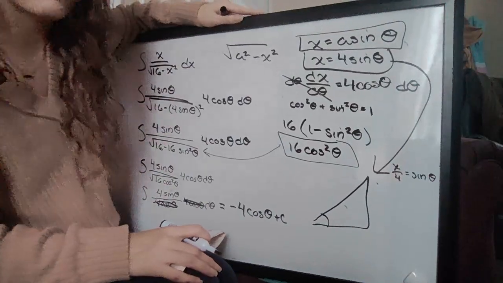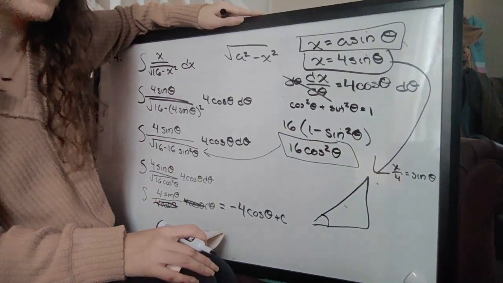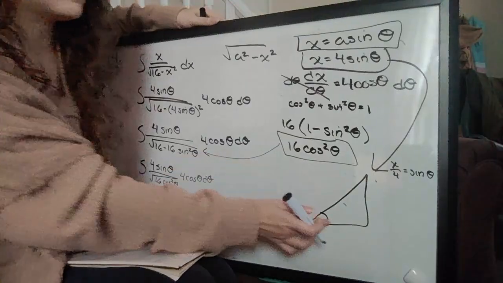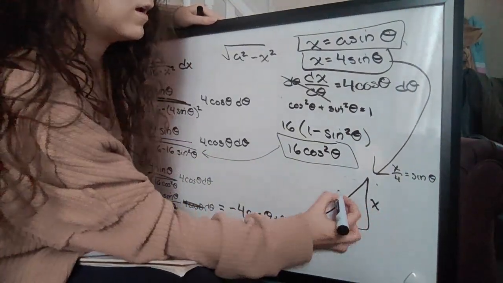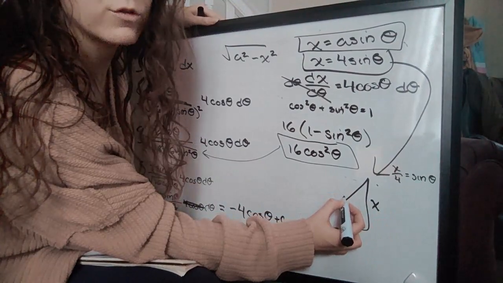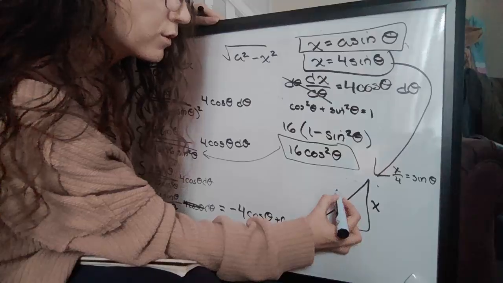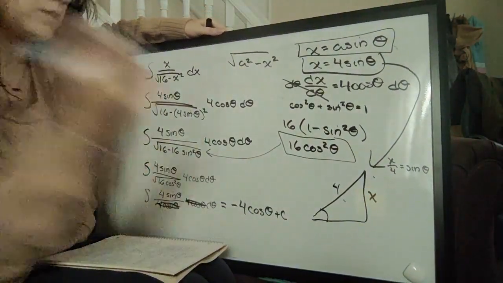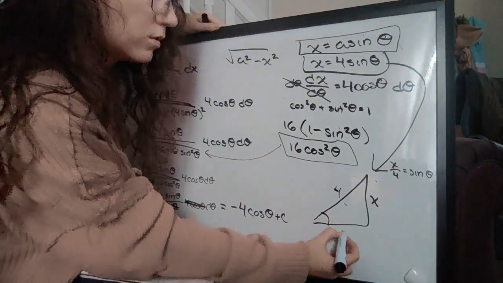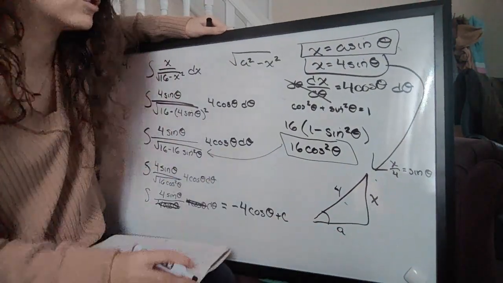Sine, if we remember trigonometry, is opposite over hypotenuse. So from this angle, opposite is going to be x, and this we'll just call A. We're not sure what that side is.